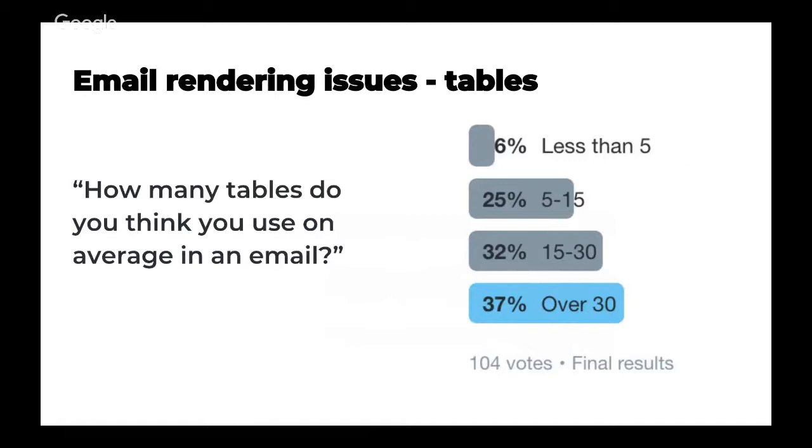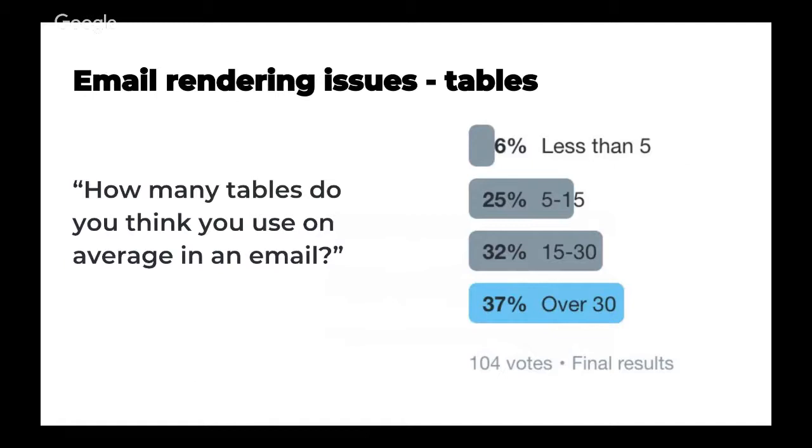But from that, 6% of people said they use less than 5 tables on average. 25% of people said 5 to 15. 32% of people said 15 to 30, and 37% of people said they're using over 30 tables in a single email. So without this role equals presentation, that can become unusable very quickly.